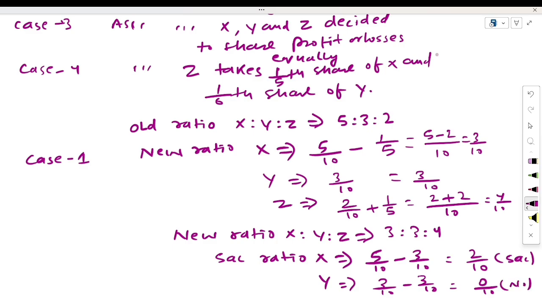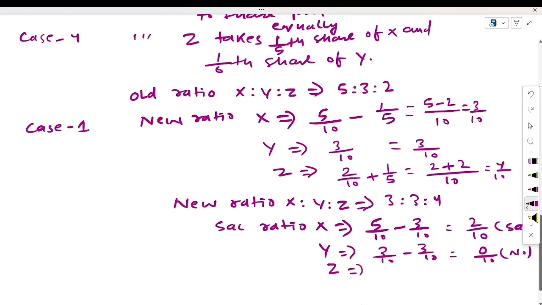No sacrifice, no gain. And for Z, 2/10 minus 4/10 is minus 2/10. It means Z is gaining here. So this is case 1.